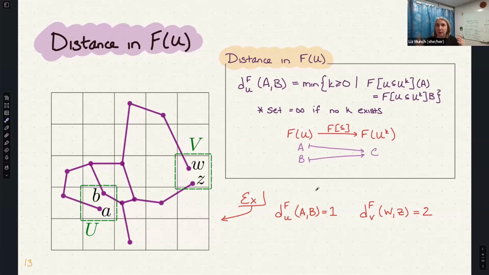How do I update these maps in a way that improves the loss function? In particular, I can take one of these maps, say one that sends A and B to A prime and B prime over here. If I swap one of those pieces, if I send A to B prime instead of to A like it was before, does that improve things?